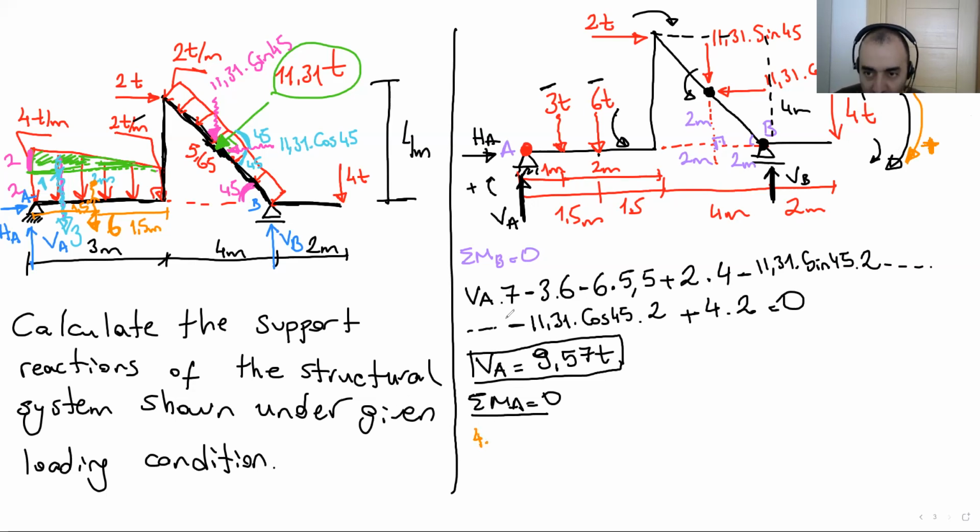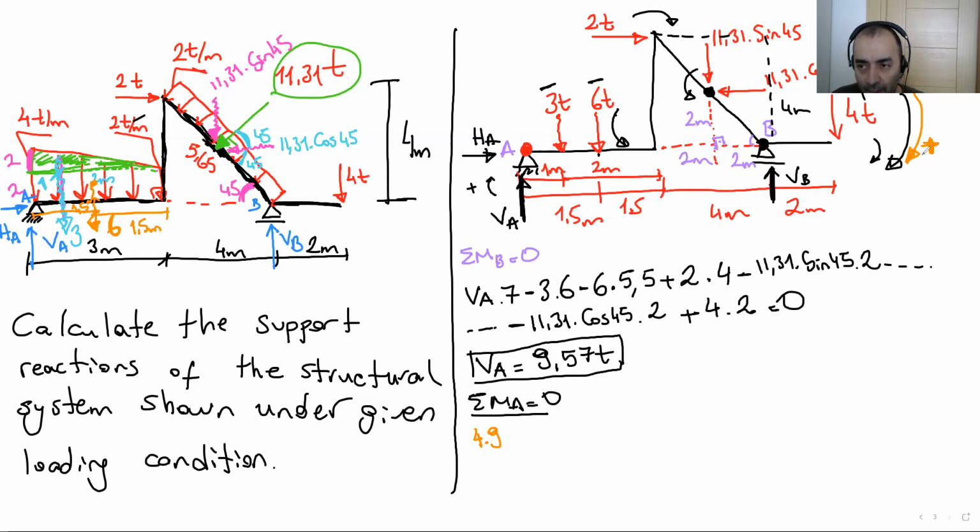4 times the total length, which is 6 plus 3, 9 meter. Now we are here at the point B. Vertical B rotates the system in positive or negative direction, depending on our assumption here. What do you think?